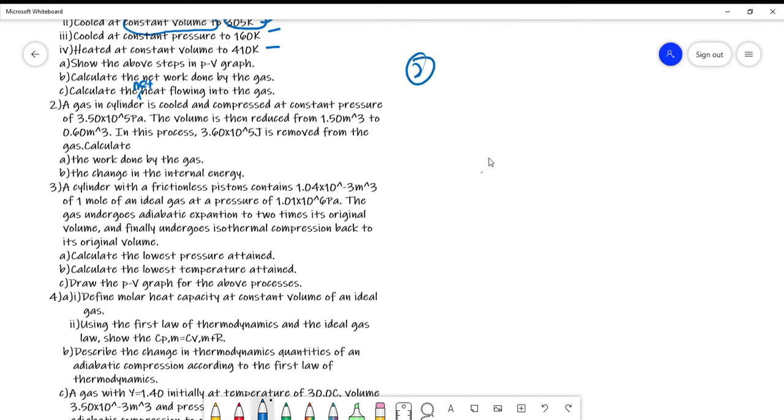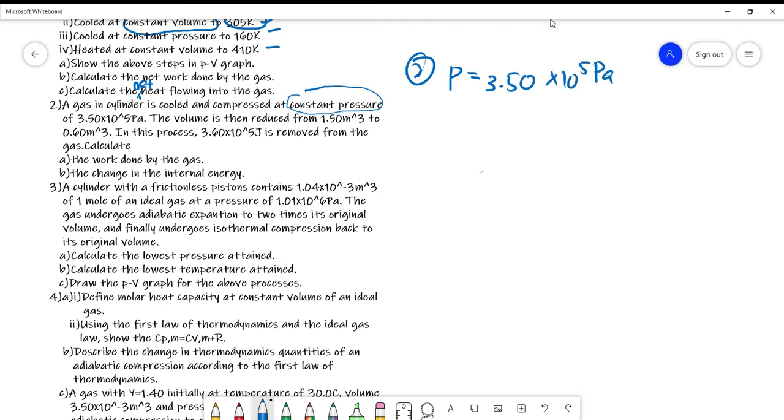A gas in a cylinder is cooled and compressed at constant pressure. This is a constant pressure of 3.50 times 10 to the power of 5 Pascal.